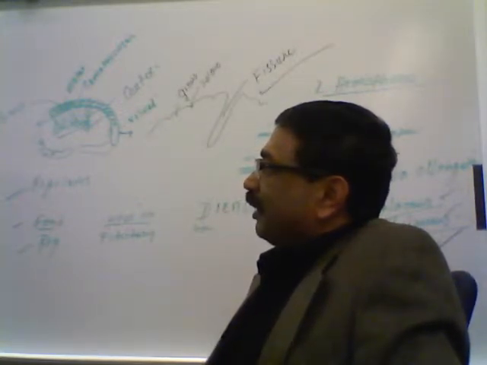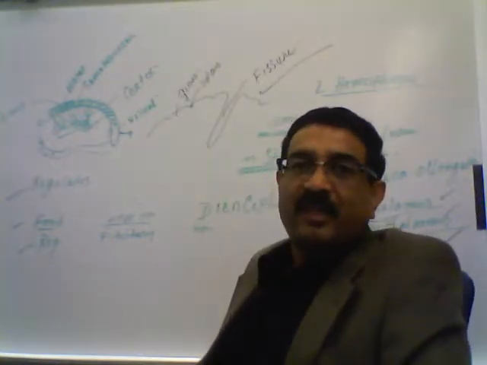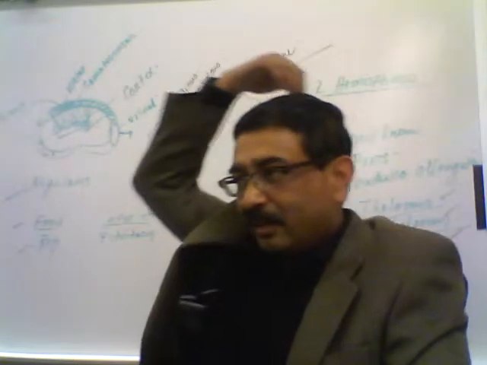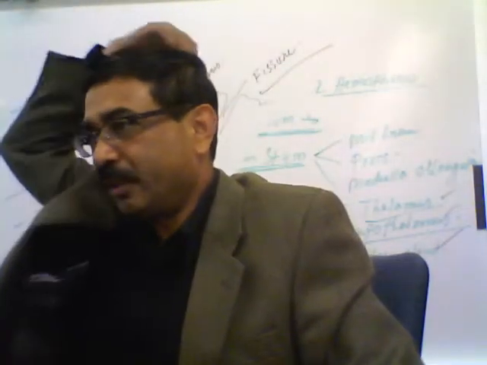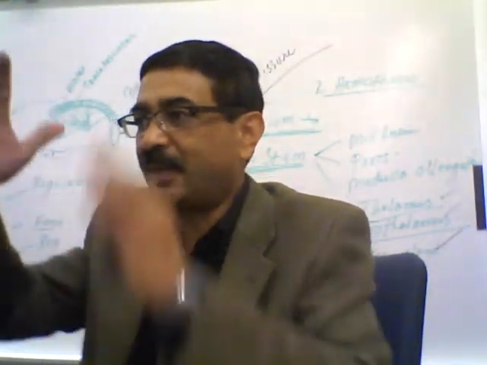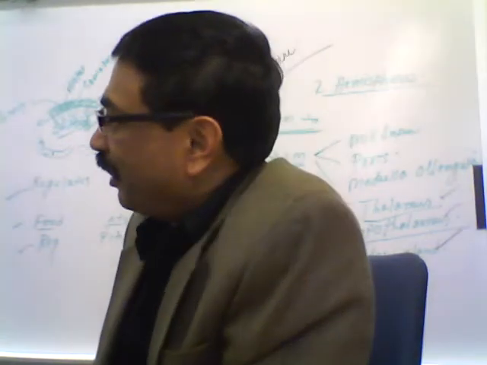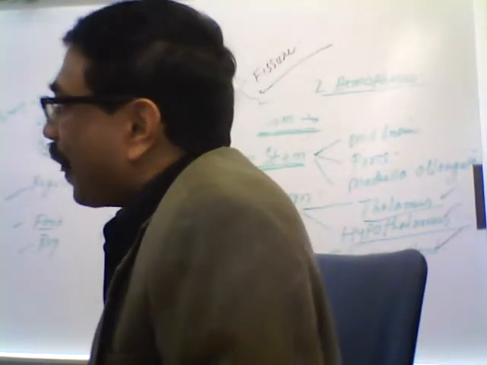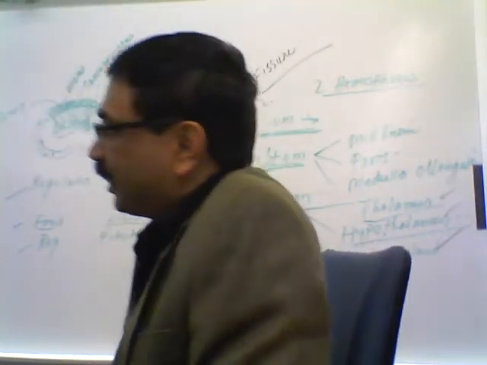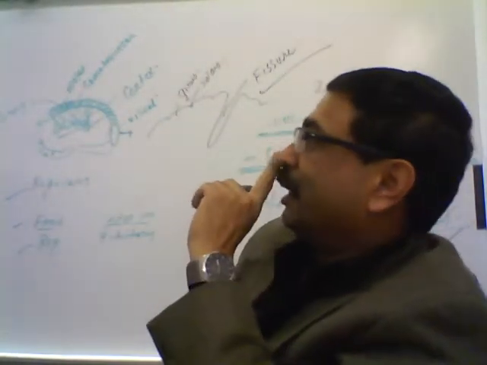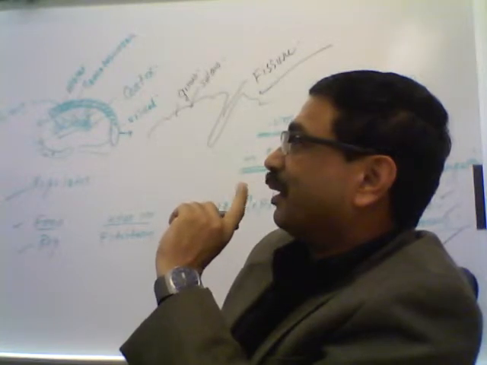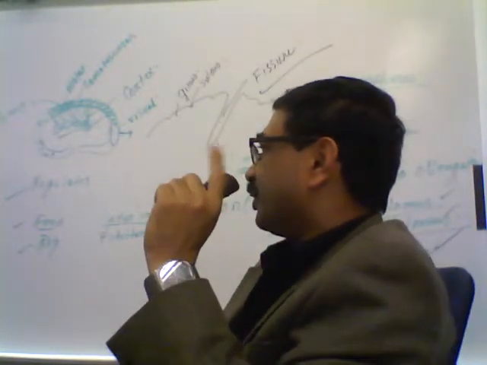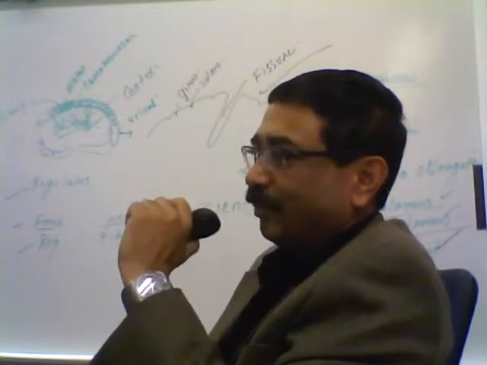If you see the medial aspect of the cerebral hemisphere, if you cut along the longitudinal fissure and separate, this is the medial view of the hemisphere. What are the structures you will see here? You will see a white band above the lateral ventricle that is called the corpus callosum.